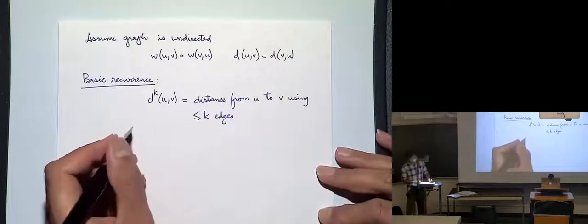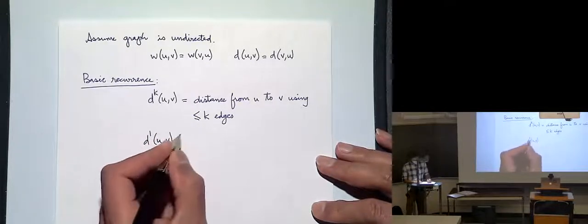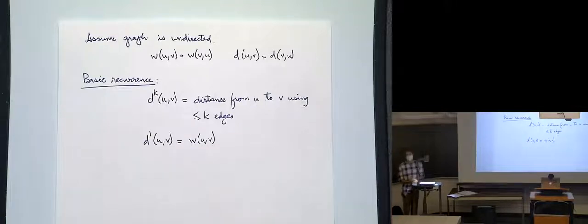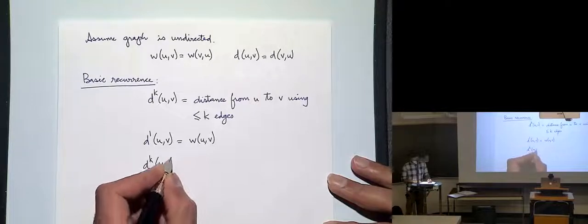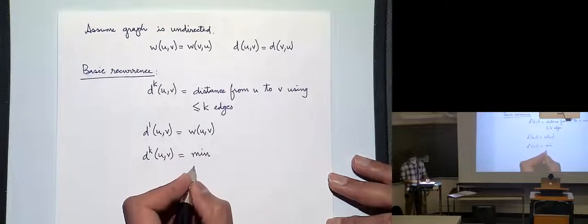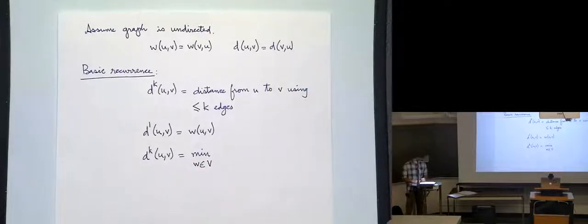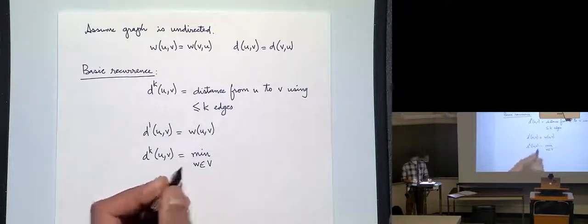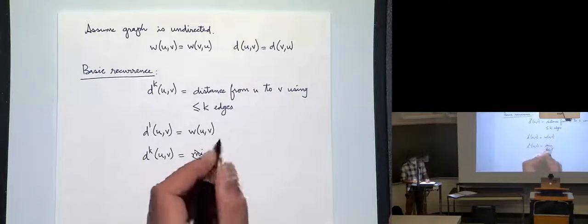So if you recall, the recurrence is, d_1 of uv is simply the weight of uv. And d_k of uv is the min over all vertices w. Well, w is annoying. We can't use w because w is weight. Let me use x, sorry.